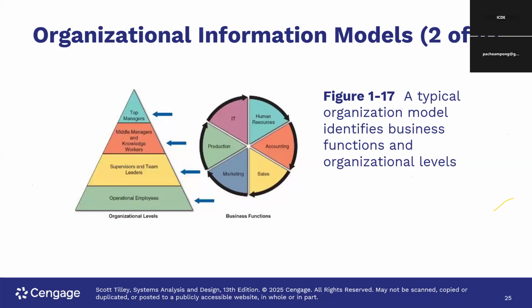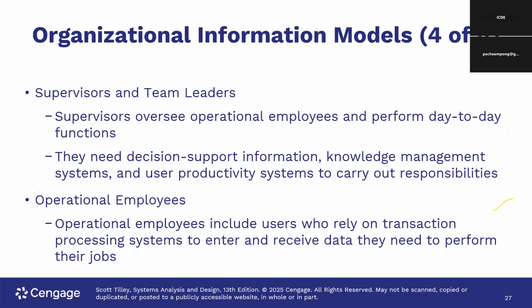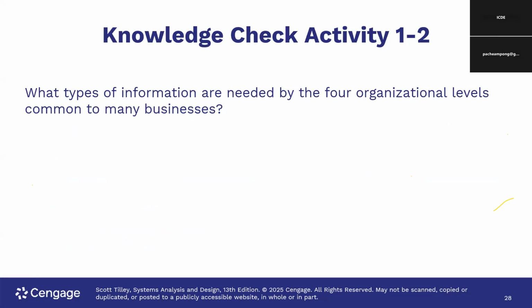Do you get it? So that it makes my work efficient and all of that. All right. I'm not going to go through the roles of these middle managers, supervisors, and teams and all of that. Okay. So please read on that.